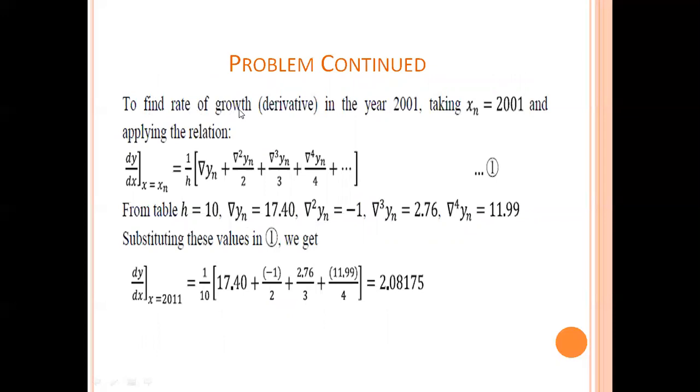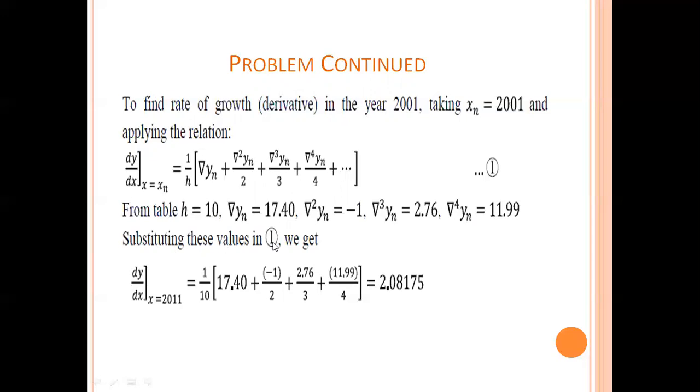To find the rate of growth derivative in the year 2001, taking xn is equal to 2001 and applying the relation dy by dx at x is equal to xn is equal to 1 by h [del yn plus del square yn by 2 plus del cube yn by 3 plus del power 4 yn by 4 plus and so on]. From the table we know that h is equal to 10, del yn is equal to 17.40, del square yn is equal to -1, del cube yn is 2.76, del power 4 yn is 11.99.